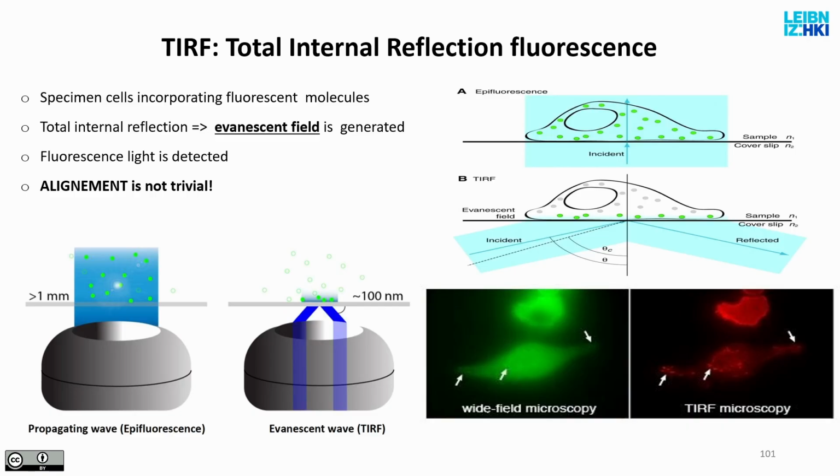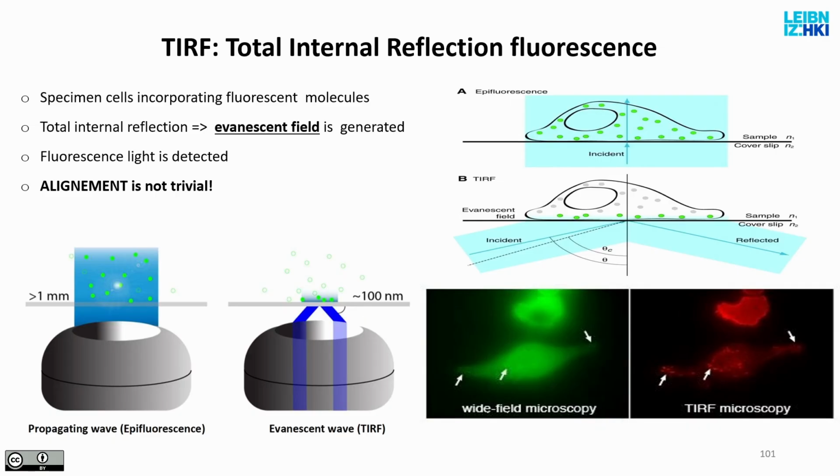But just to give you a very quick view, for example, you can increase your axial resolution by taking advantage of total internal reflection. If you think about it, when light comes from an optically more dense environment into a less dense one, above the critical angle, it will reflect completely.